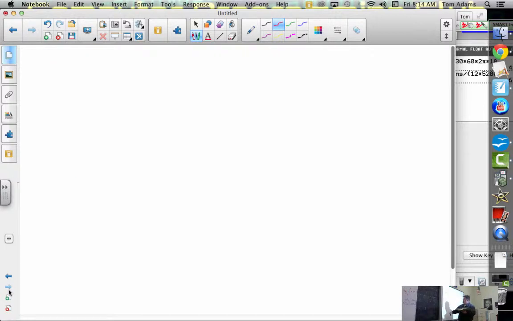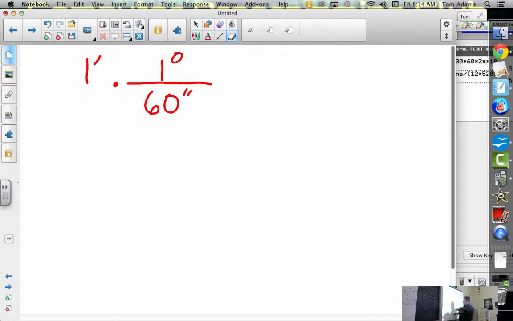So let's try that. So we know that 1 minute is equal to, well, what's the relationship between minutes and degrees? Well, 1 degree is equal to 60 minutes. Minutes, not seconds, right?